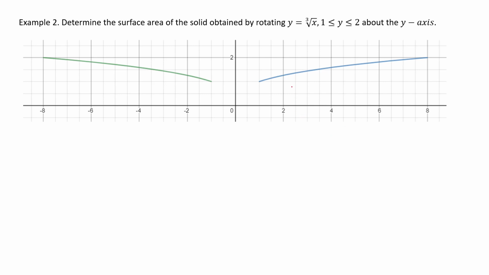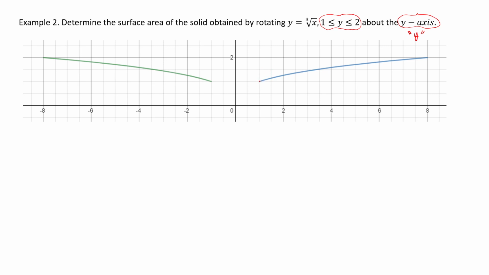Okay, so now proceed to the last problem. We are rotating about the y-axis, so we're going to use the y format of the formula. You can also tell that it's the y format because the range is in the y direction also. I also forgot to say that on your graph, you need to be generating the solid as well.